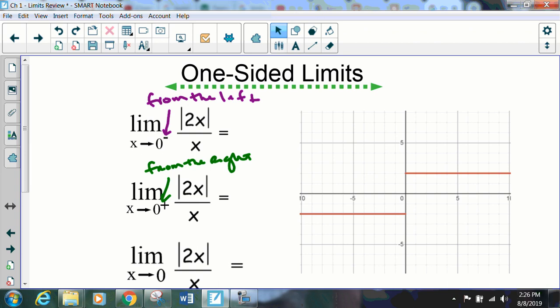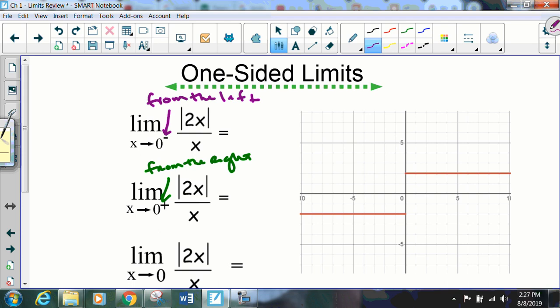And so we can see coming from the left, let me choose a different color. So coming from the left, as x is approaching 0 from the left, we have a value here of, well, that looks like a -1, or is it a -2? Okay, hold on just a second.